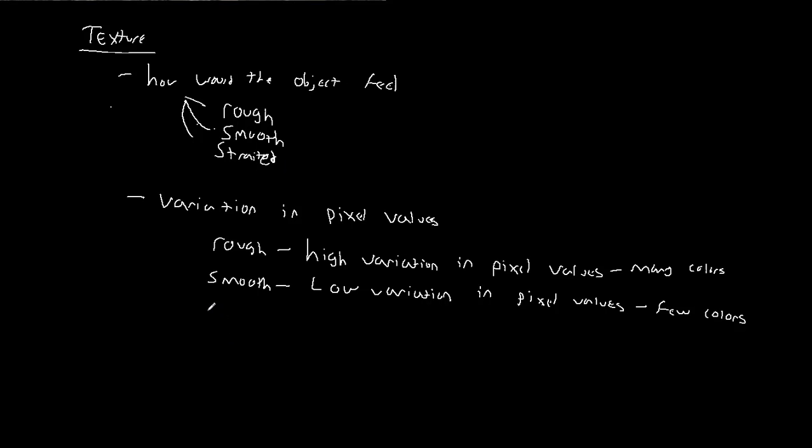And something like striated, which I would encourage you to Google if you don't understand what striated means texture-wise, would be rough with a pattern, where this variation in pixel values occurs in a directionality.